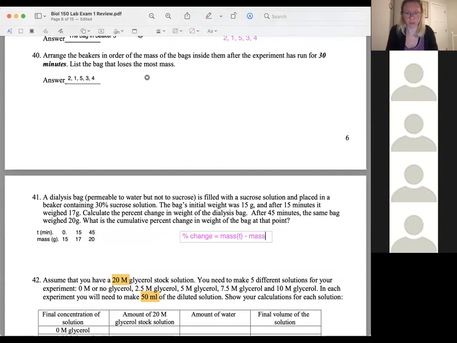Yeah, that sounds excellent. So we have a mass at some time point minus the original mass, and then we're going to divide that by the original mass, and take all of that and multiply it by 100 to make it a percent.